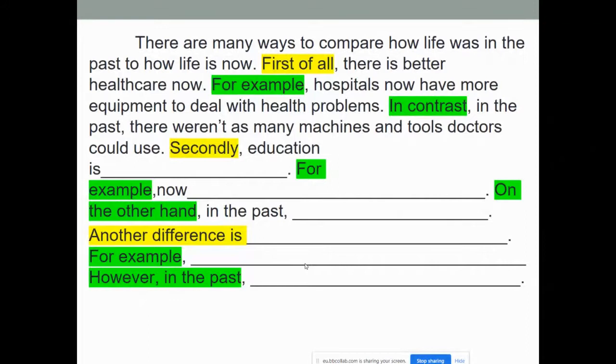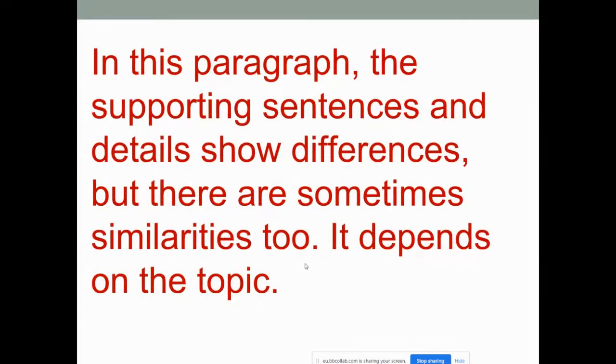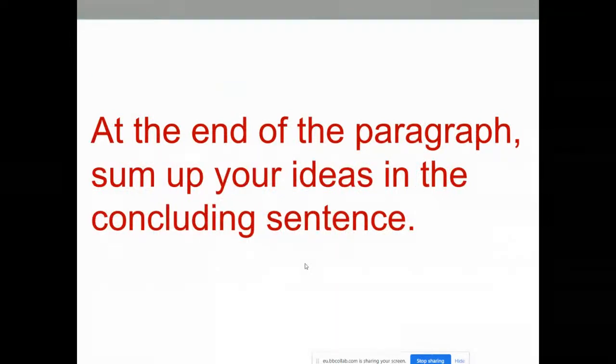So all the signal words you can use, and you can complete your point number 2. The first one was healthcare, now education: education now or education in the past. So you can use either differences or similarities. It depends on your topic.